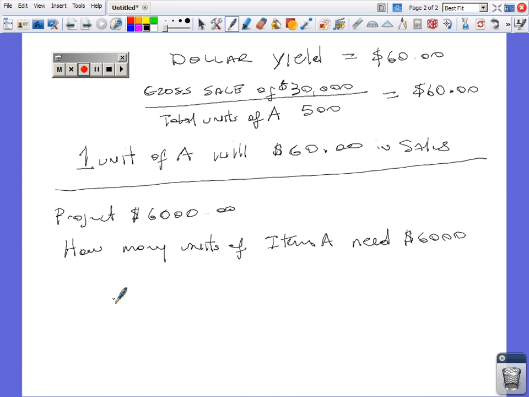What we're going to do here is take the dollar yield number.